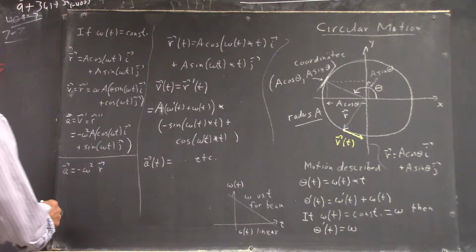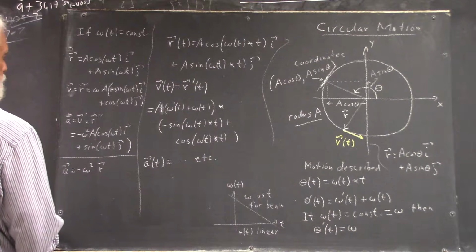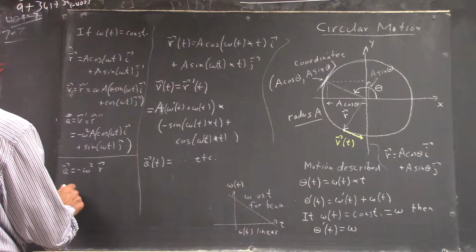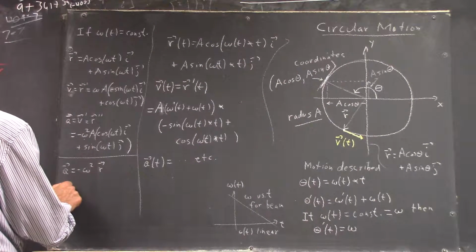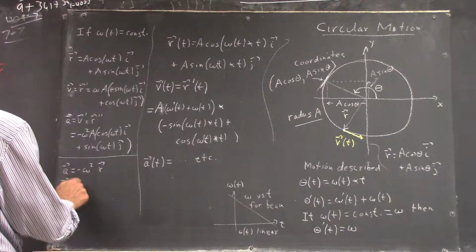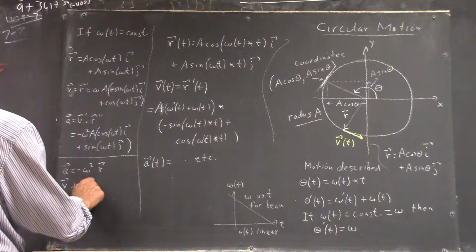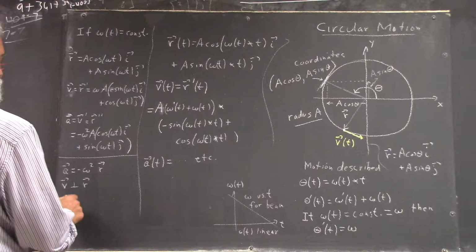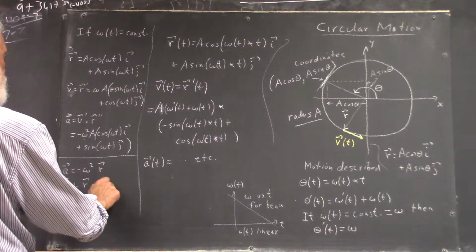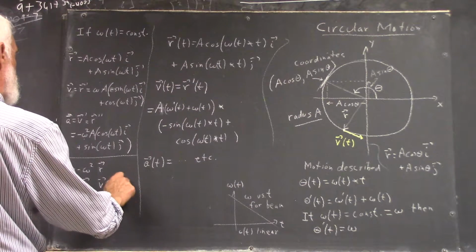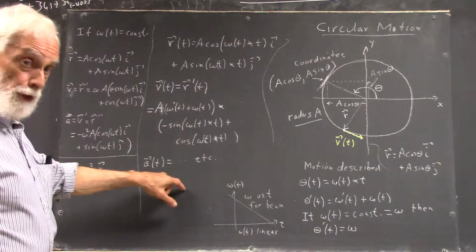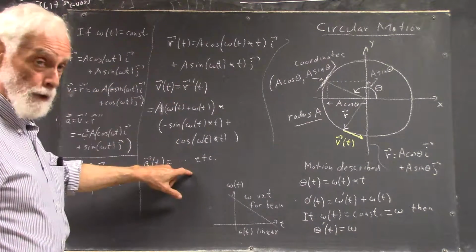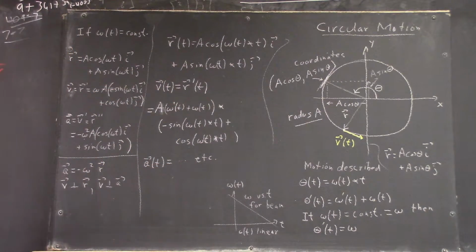That V is orthogonal to R, and V is orthogonal to A, neither of which would be true in the general case, which I might ask you to verify.